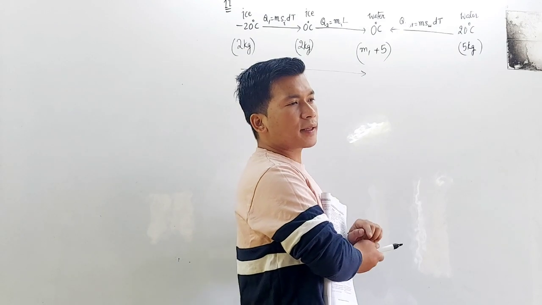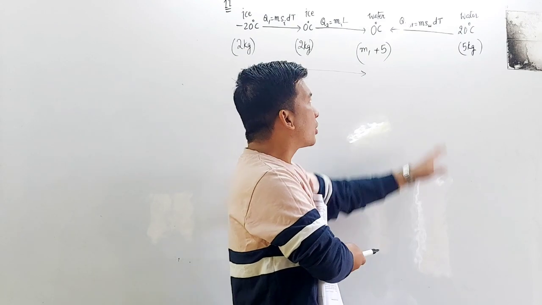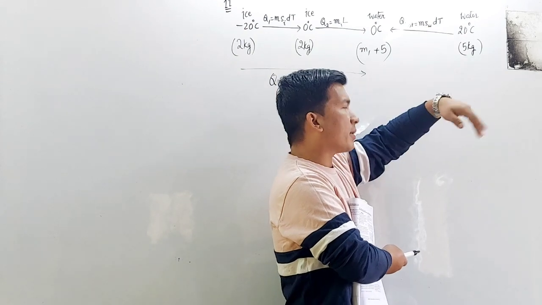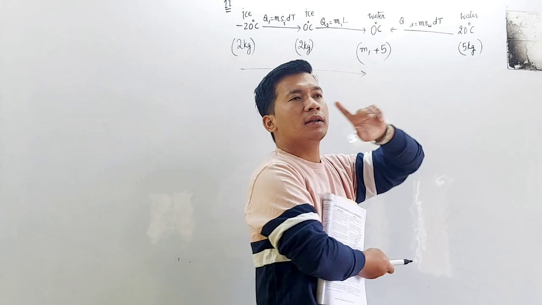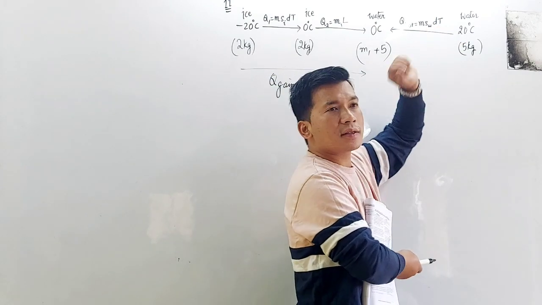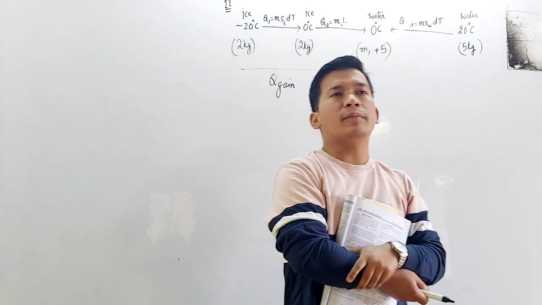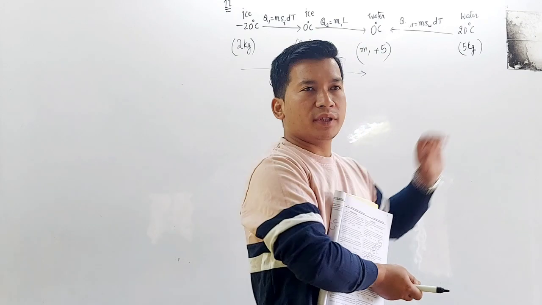The amount of heat released can be easily calculated by putting in the values. The mass of the water is 5 kg. The specific heat of water is 1, and the change in temperature is 20 minus 0, which is 20.